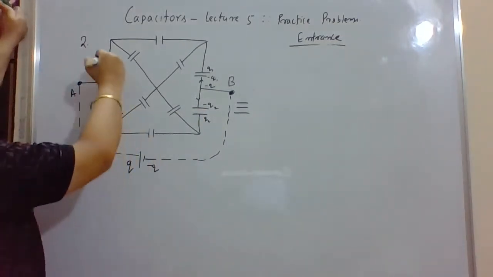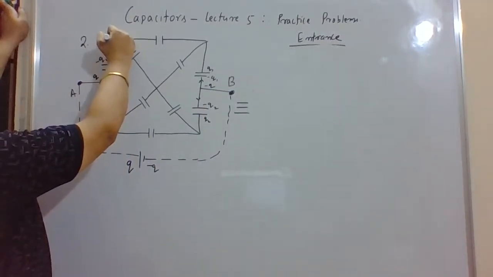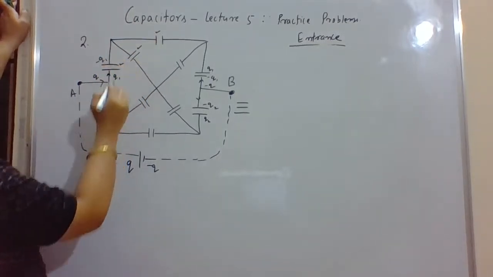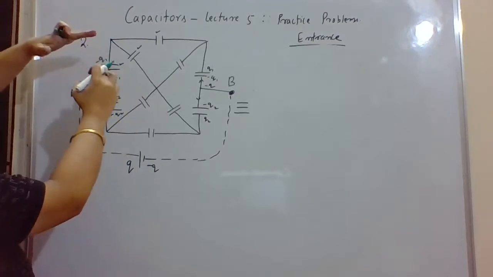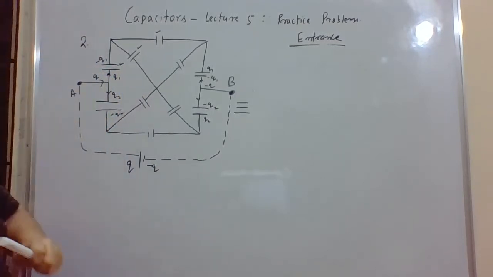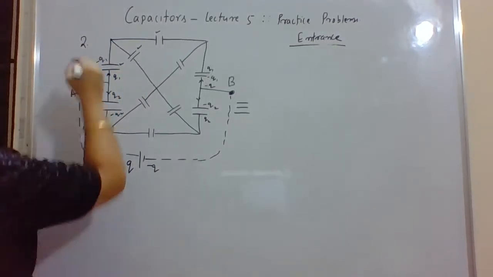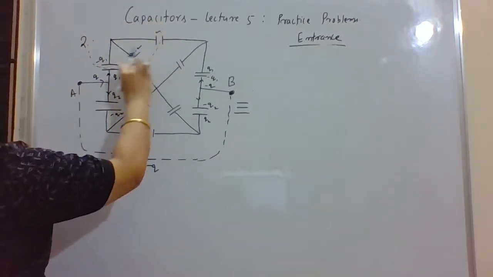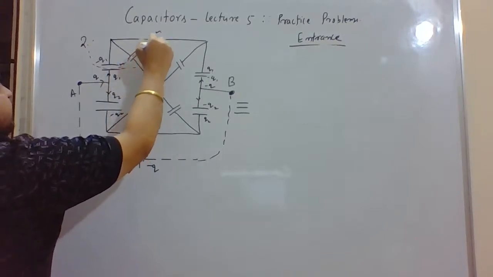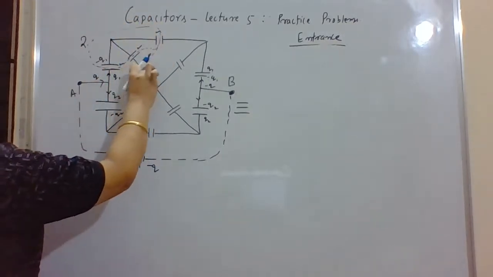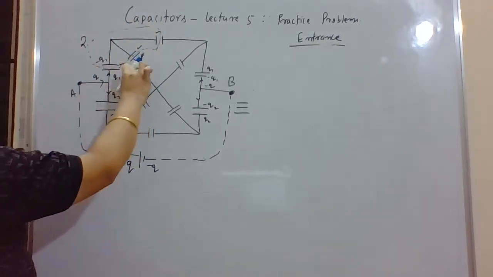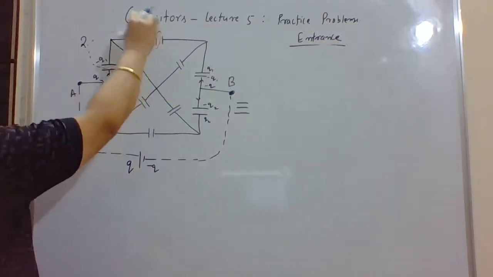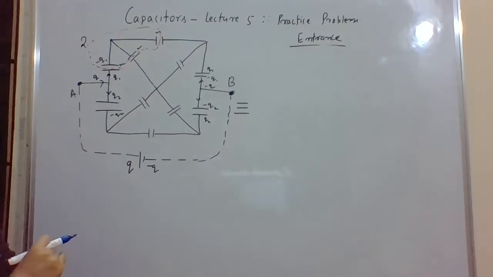Now, if you see this plate and this plate, they are connected together and they are an isolated system. If I take just these three plates, they constitute an isolated system, and we know the net charge of an isolated system is zero.